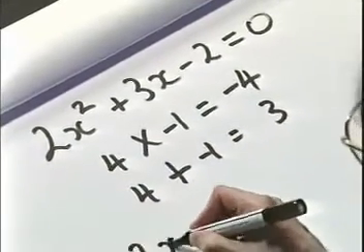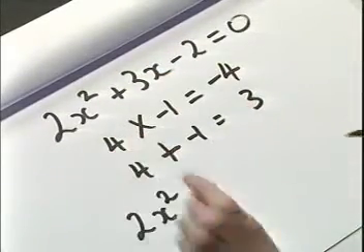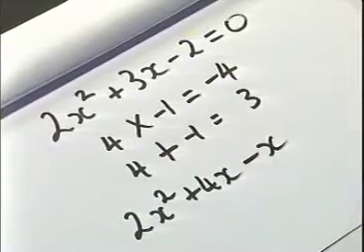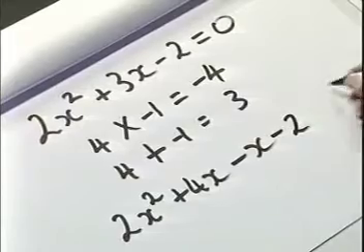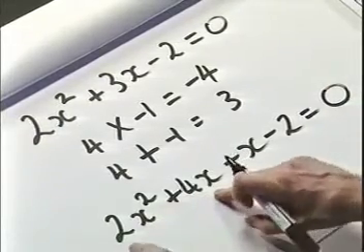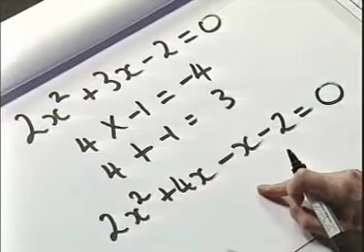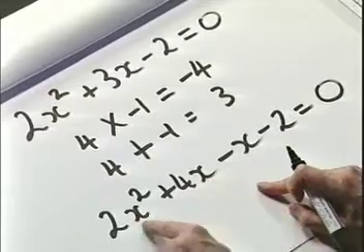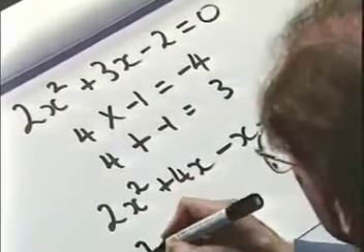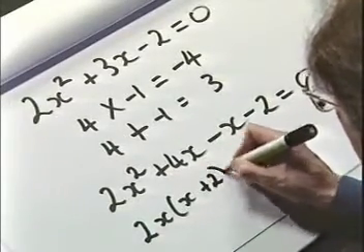So again, 2x squared, and then the x term we can rewrite as 4x minus x minus 2 equals 0. And we look at these two terms for a common factor, and there's a 2 here, and 4 is 2 times 2, and there's an x in the x squared and an x with the 4x. So our common factor there is 2x, leaving us with x plus 2.